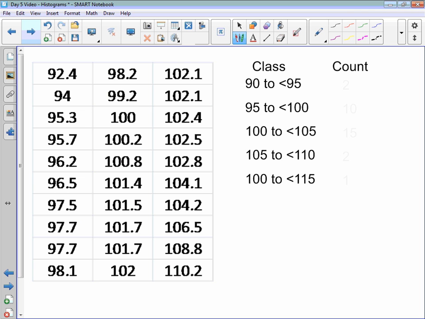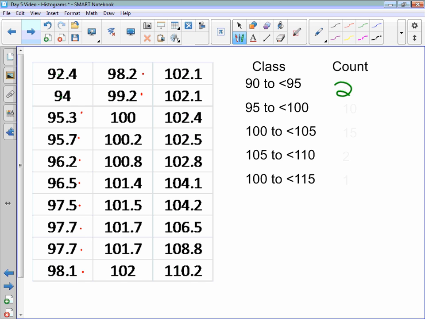Now I went ahead and put them in order for you here. From 90 to 95, there are 1, 2. From 95 to 100, there are 1, 2, 3, 4, 5, 6, 7, 8, 9, 10.